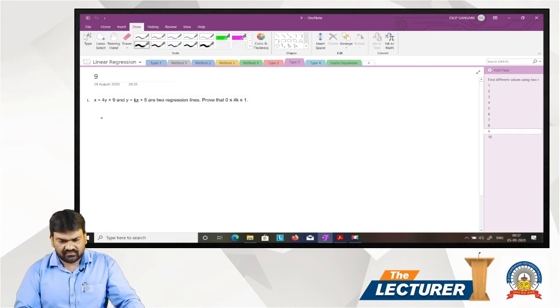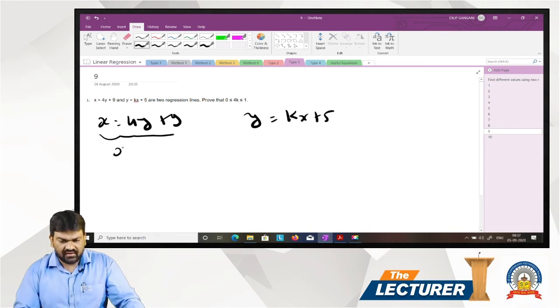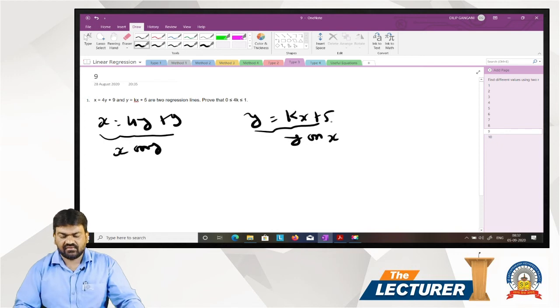x is equal to 4y plus 9, y is equal to kx plus 5 are two regression lines. Prove 0 lesser than or equal to 4k lesser than or equal to 1. So here this is x on y, this is y on x.